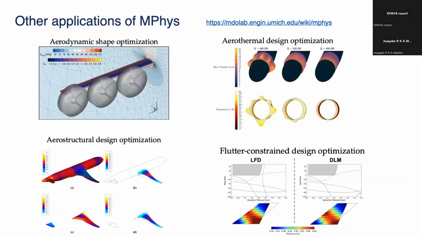So there have been other applications of MPhys. So not only just the problem I talked about, also aerothermal design, combining CFD with conjugate heat transfer, and also the aerostructural problem, and also problems involving flutter. So that's more of a transient problem there. So many applications there.